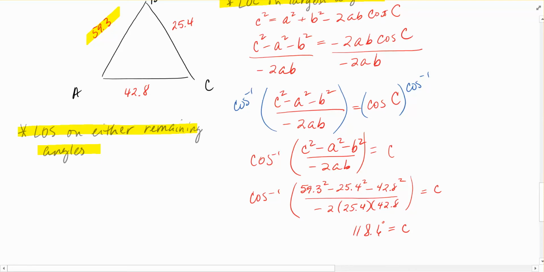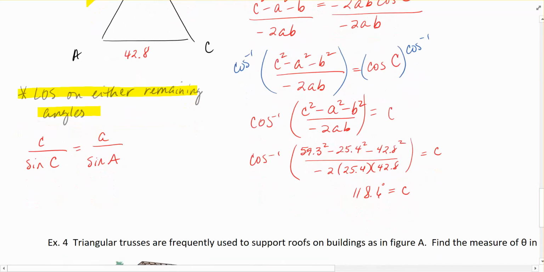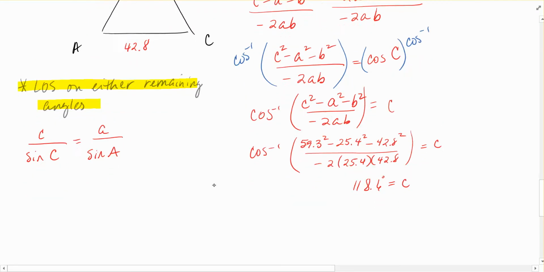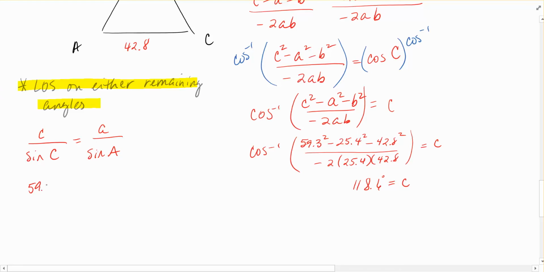So what do I have here? I solved that for angle C, so my known ratio has to be little c over the sine of angle C. And that's equal to, let's just pick angle A, side A divided by the sine of angle A. Filling in some values, we have side C, which is 59.3, divided by the sine of angle C, which was 118.6.